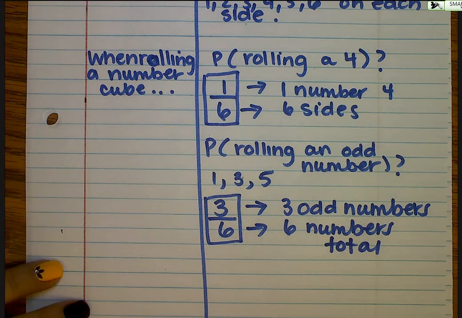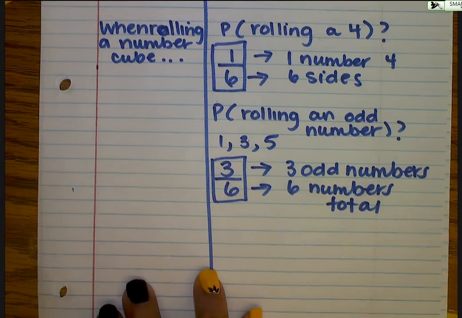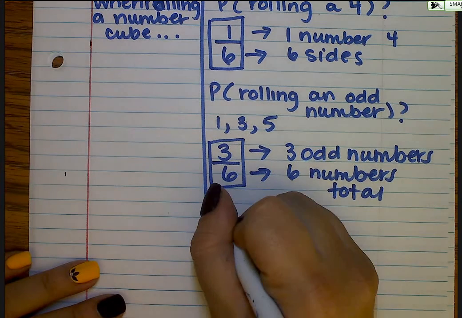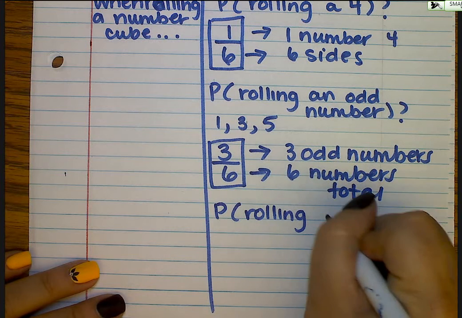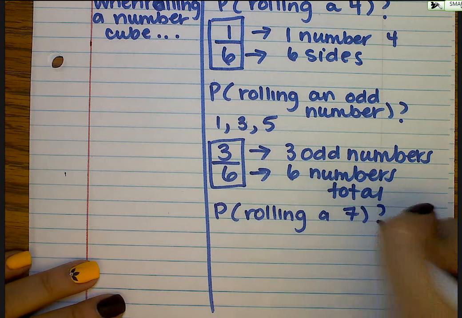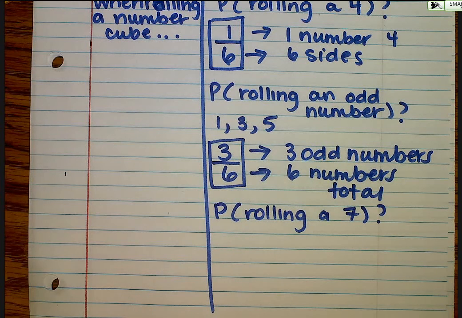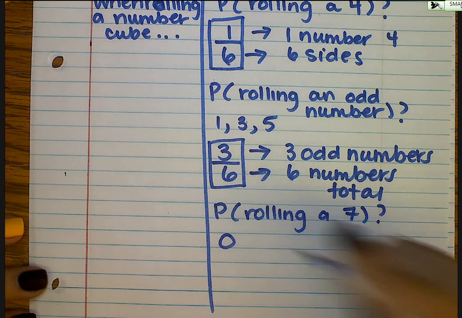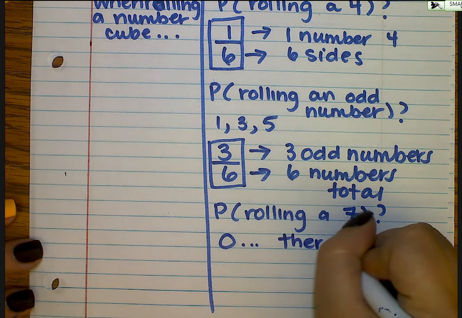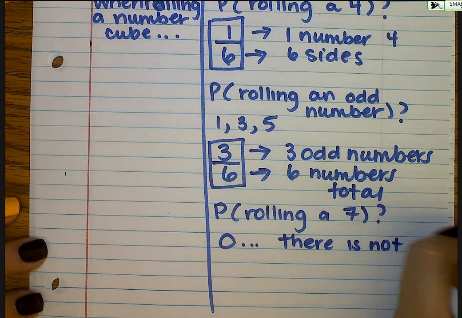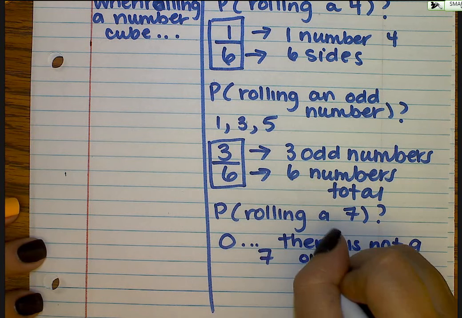What if I asked you about the probability of rolling a 7? Well, we know on a six-sided number cube there aren't any 7s, so that probability is 0, because there is not a 7 on a number cube.